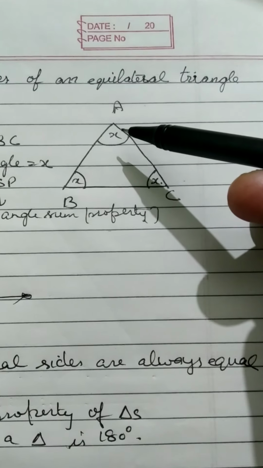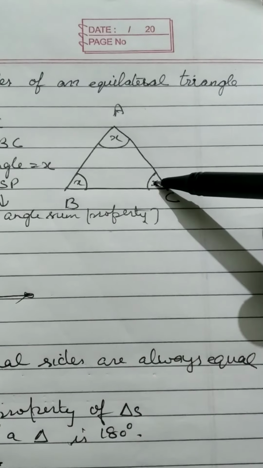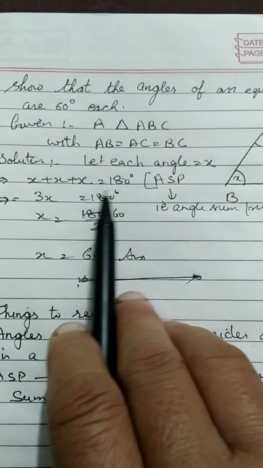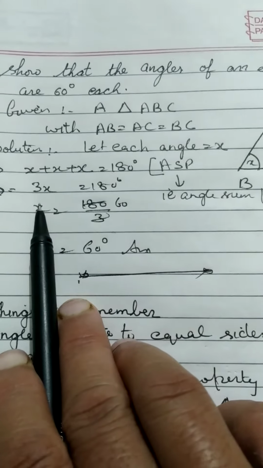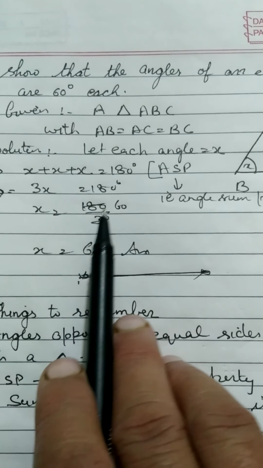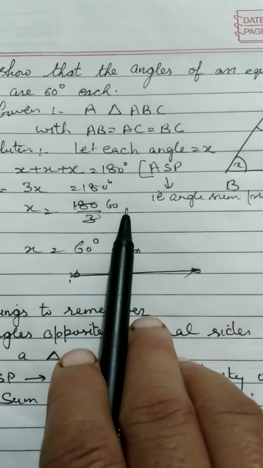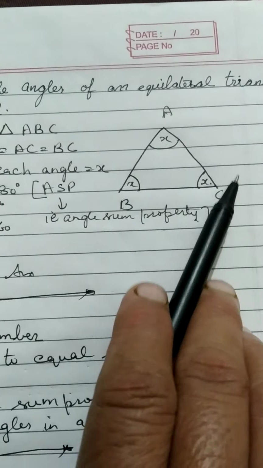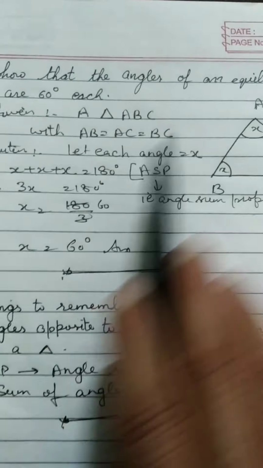Then by the angle sum property we have x plus x plus x is equal to 180. From here we get 3x is equal to 180 and x will become equal to 180 by 3, that is 60. Means each angle in an equilateral triangle is 60 degrees.